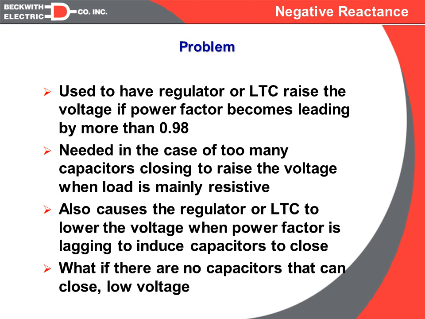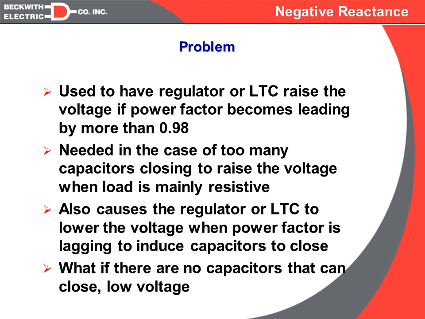So what was happening is if they had a load that would be mainly resistive, then you could have the case where you'd have too many capacitor banks closed and you can go too far leading.